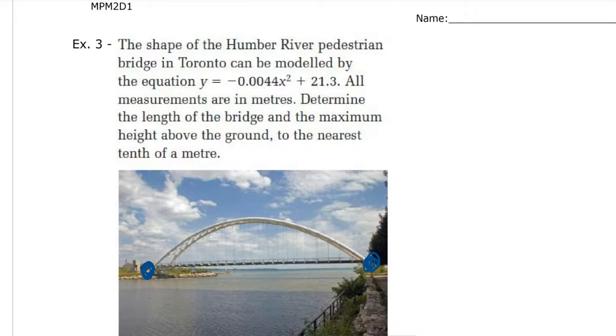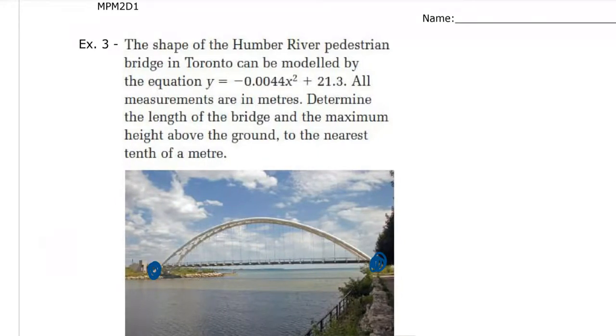Now, if you imagine a bridge on a grid, we can treat the bottom of the bridge as our x-axis, and so the x-intercepts become those 2 points, right?